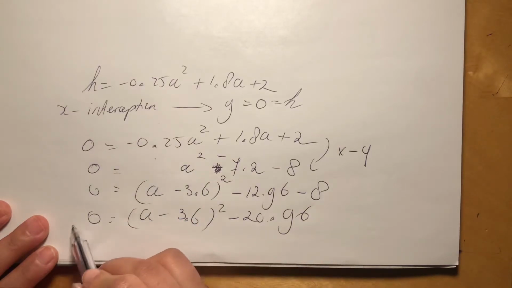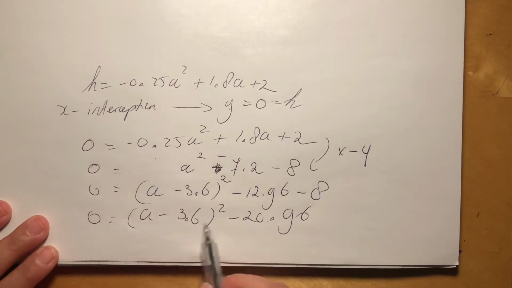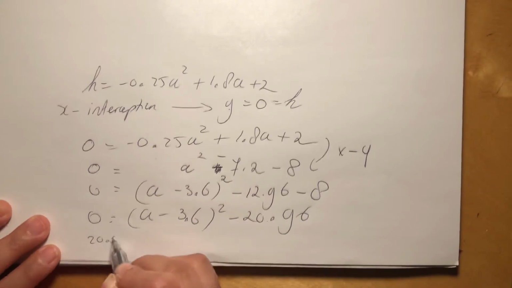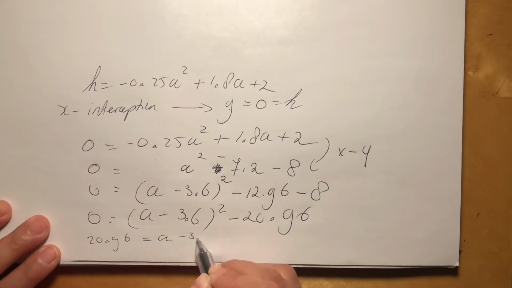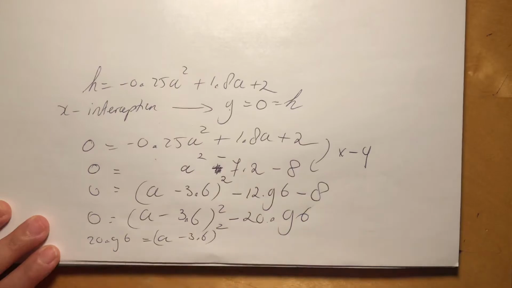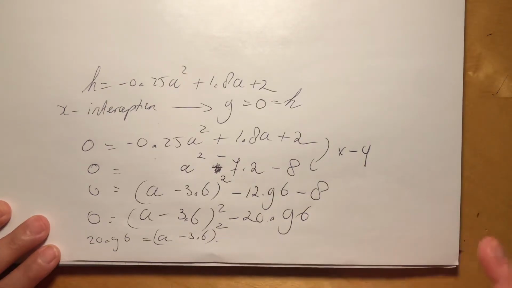Now, bring this part to the left side. It doesn't really matter, but write it down like this: 20.96 equals a minus 3.6 to the power of 2. Then you know, okay, what are we going to do? Take the square root of both sides.